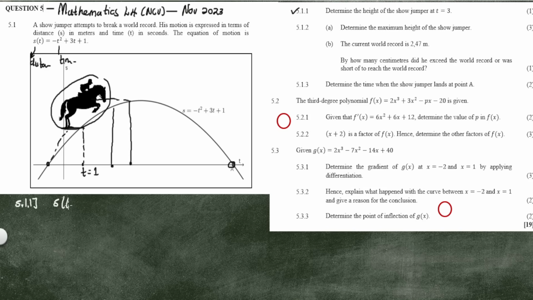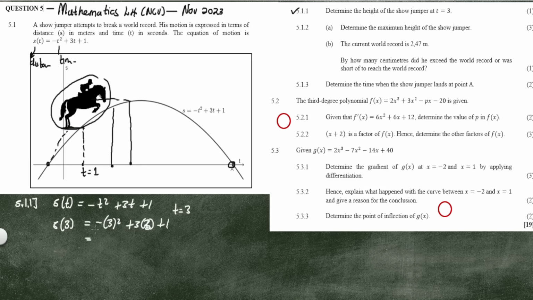This is the equation used to calculate the height jumped, minus t squared plus 3t plus 1. T is equal to 3. So we substitute T with 3: minus 3 squared plus 3 times 3 plus 1.